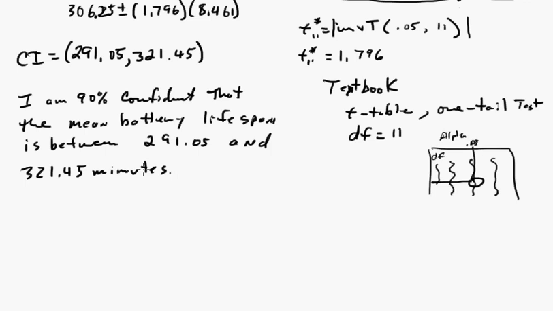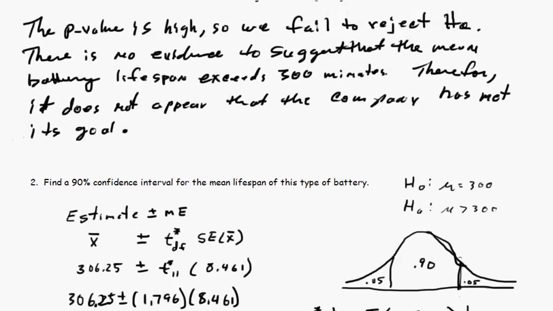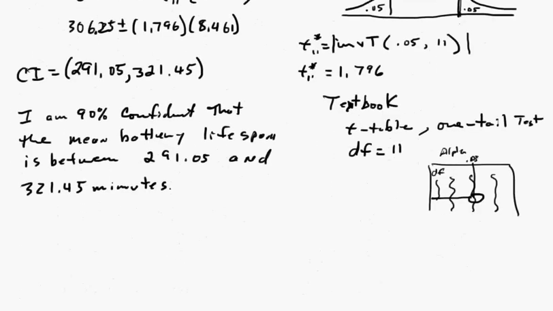Remember, with means, you're probably going to have to use units. Okay, so that's how you do a confidence interval. So I'm going to stop it there, and then I'm going to do the last part as a separate video.